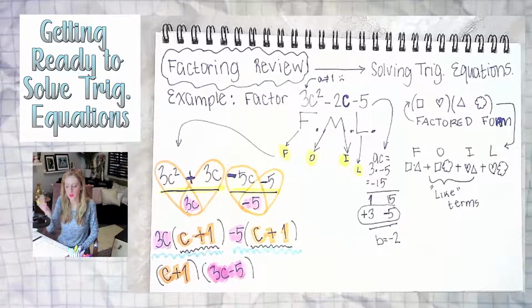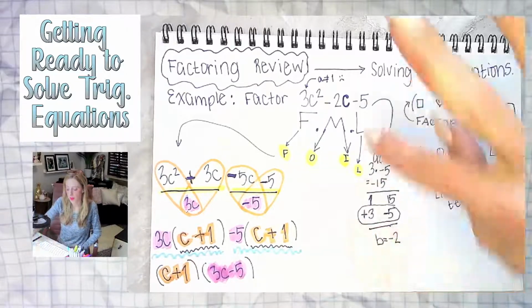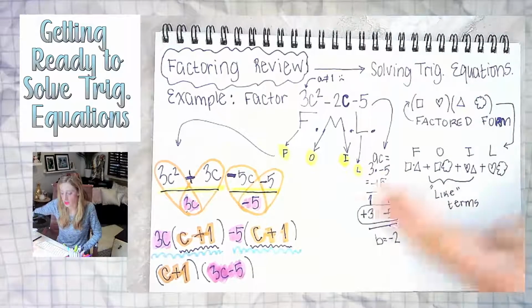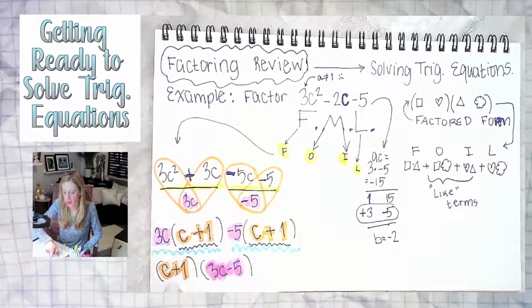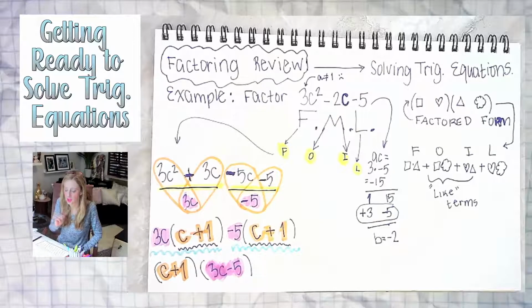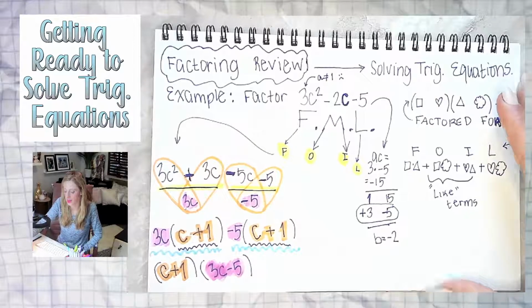I went over the pretzel. I went over reducing. I went over a bunch of rules, the greatest common factor. We talked about if this were an equation, it would have an equal sign. You would solve by getting it equal to 0, factoring, and then we would use something called the zero product property. I'm going to record that one next. It should be a little faster because I went into a lot of detail here.